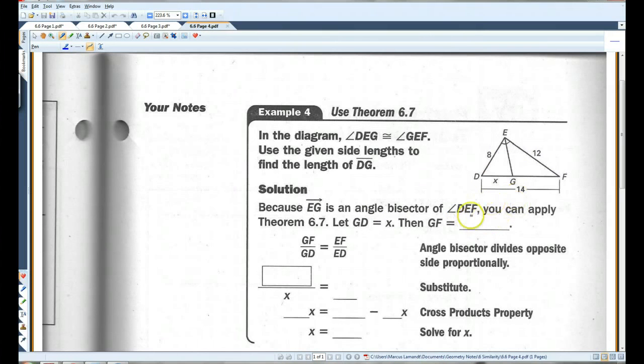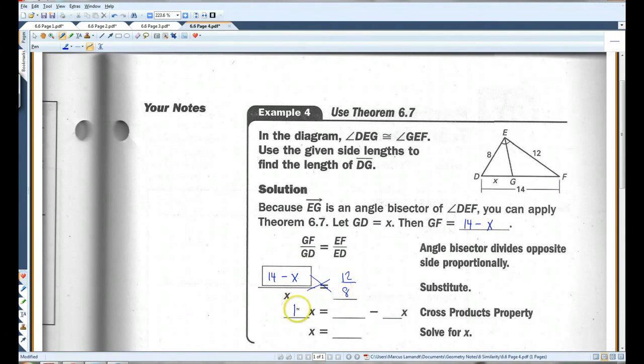GF is going to be 14 minus x. Okay? So GF over GD, GF is 14 minus x, and GD is x. EF over ED, EF is 12. ED is 8. So here we can cross multiply.